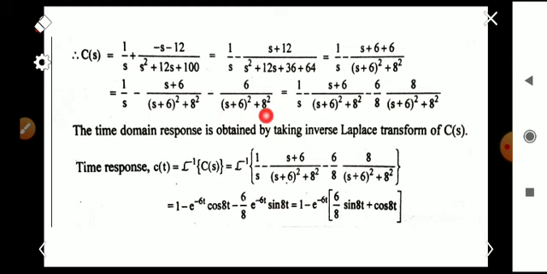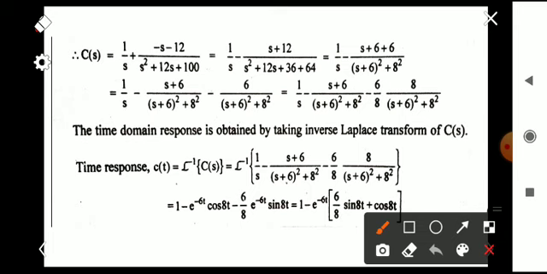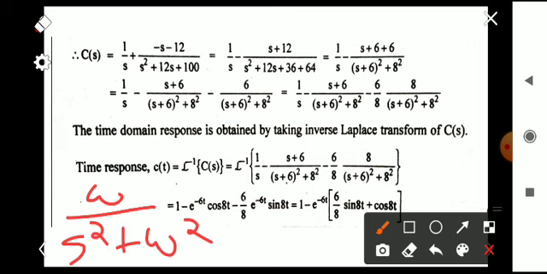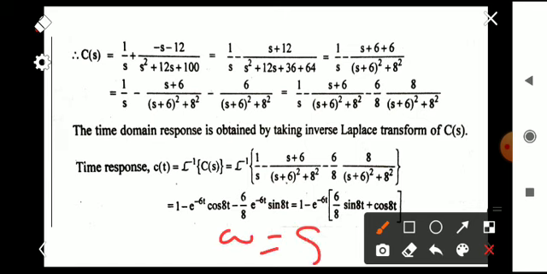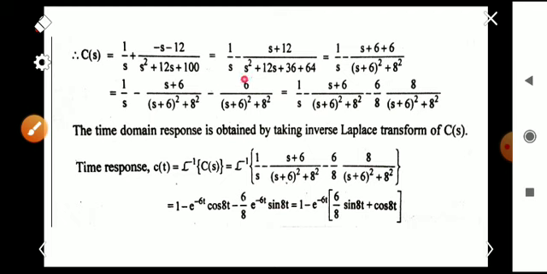When we compare with the Laplace transform of sin omega t, which is omega by s square plus omega square, by observing this term, the value of omega square is 8, so the value of omega will be root 8. So the same value of omega should be there in the numerator.